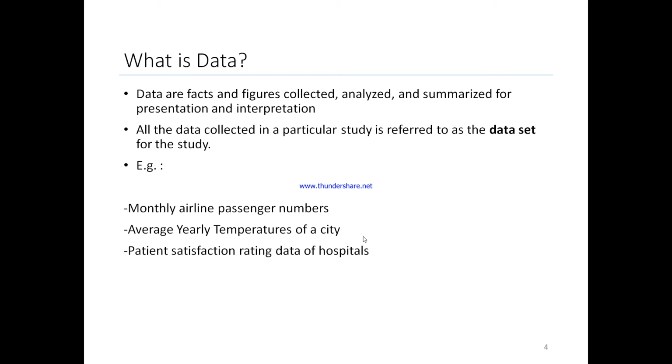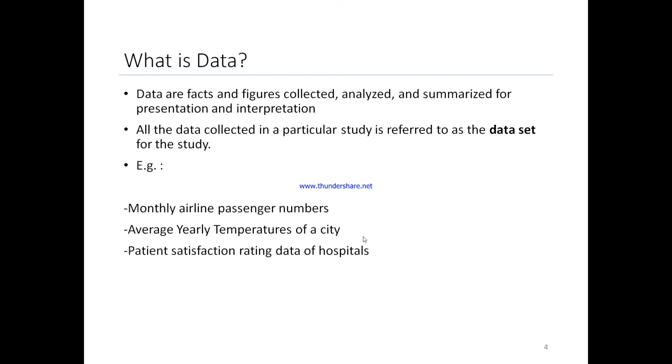What is data? We discussed that data is the information that we collect from the individuals or the units of your research. For example, monthly airline passenger numbers and average yearly temperature of a city, then patient satisfaction rating data of hospitals.